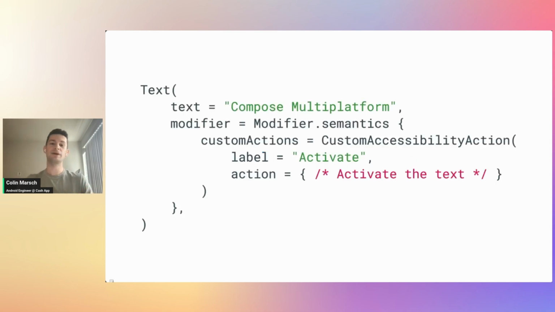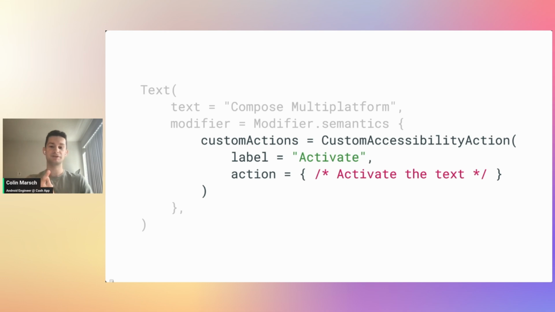So here we have a text composable, just as in Compose Multiplatform. And specifically what we want to look at in this case are the custom actions here. This can be supplied as a list if we want to have more than one custom action. But each custom action here contains two properties, a label and an action.